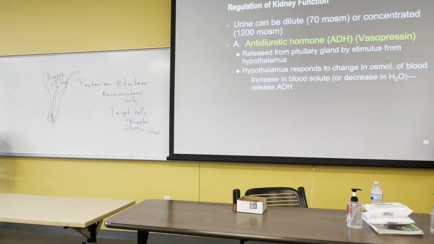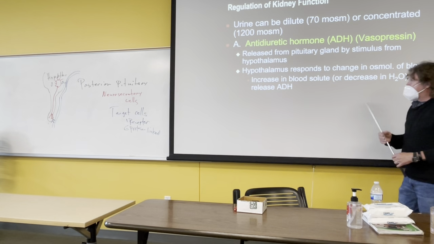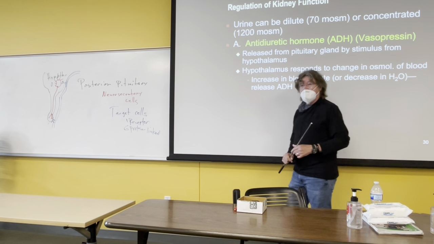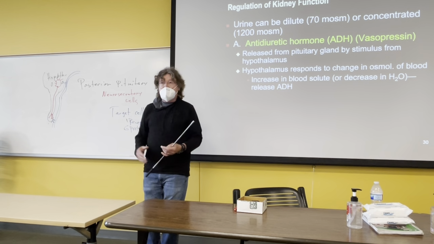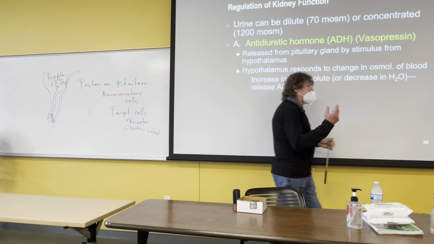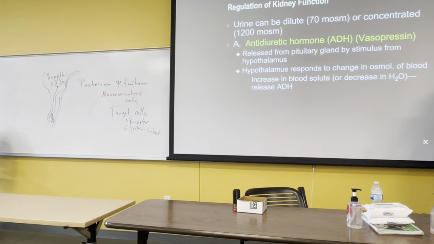Okay, so what do we need our kidney to do if we have lost water? Conserve water. We want to conserve water, okay? So the collecting duct needs to be adjusted so that as filtrate goes down from the cortex into the medulla, water is reabsorbed, okay? So its target is the collecting ducts, with a G protein linked receptor, which you should know about from last semester, but I'll review it.